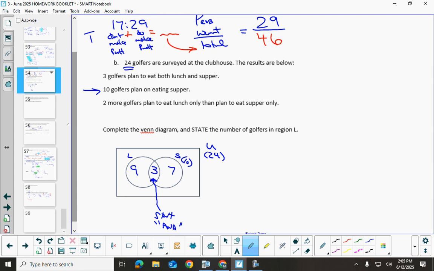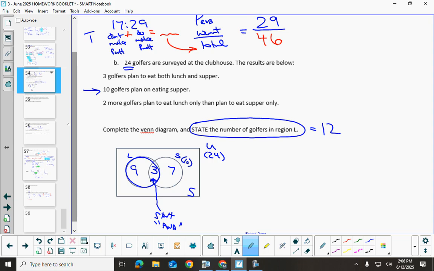My universal is 24. So that means that 5 didn't eat lunch or supper at all. Finally, the question is, state the number of golfers in region L. So that would be the number of golfers in this circle. So that is 12.